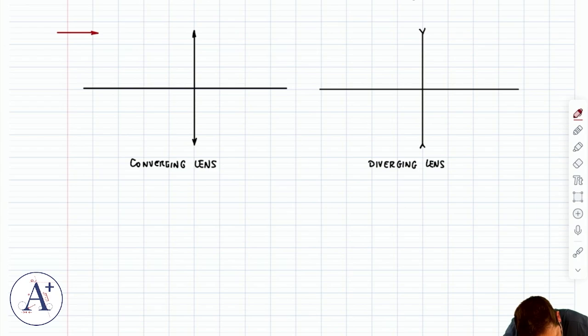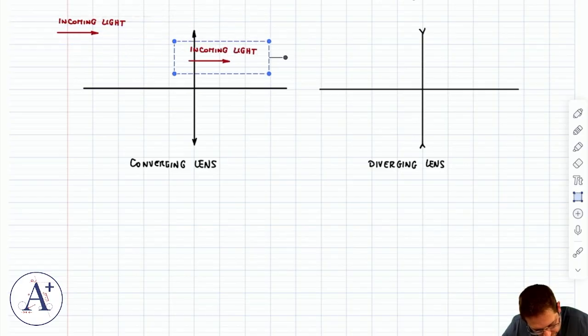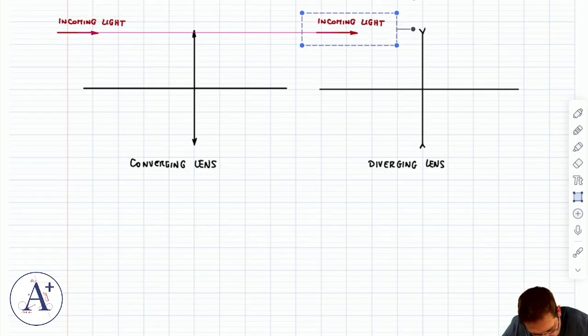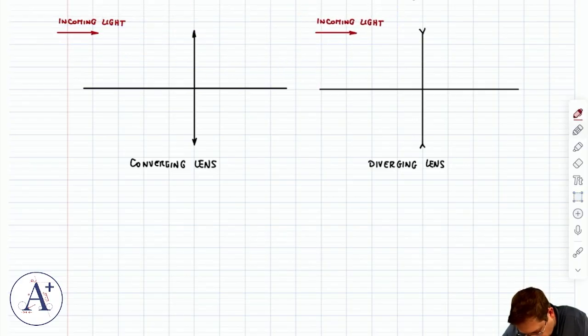So if this is the direction of incoming light, then this is the front of the lens. Okay, so the front of the lens is always going to be the side from which, wow, can't do two things at once. Incoming light will determine what side of the lens is the front of the lens.